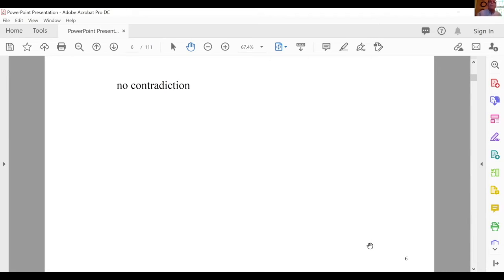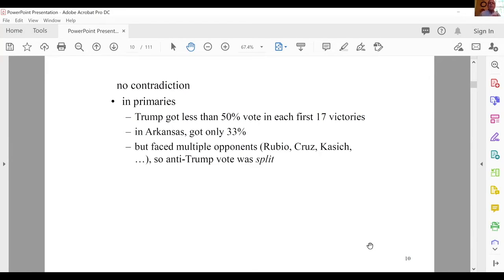Now that at first might seem surprising, but of course there's no contradiction because although he got less than a majority in those 17 states, he was facing multiple opponents. He was facing Marco Rubio, Ted Cruz, John Kasich, and about 13 other Republican candidates. And so the anti-Trump vote was split.